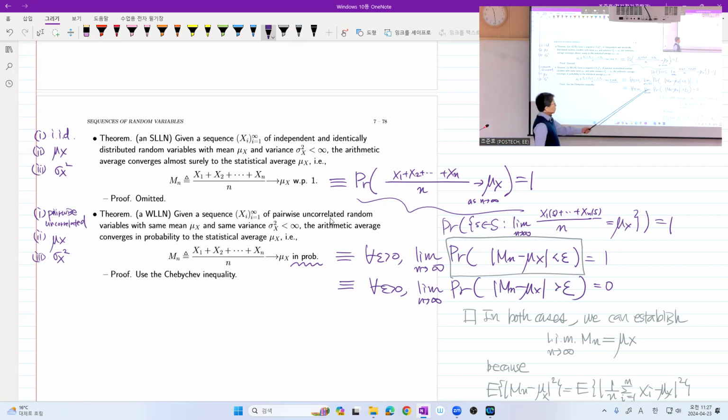Got it? Sorry, we need equality here, greater than or equal to, because it's a complementary event. So we start from this one. Mn minus mu x greater than or equal to epsilon.